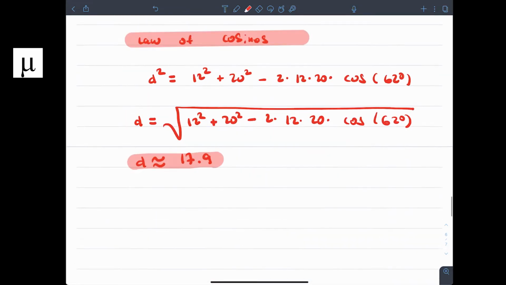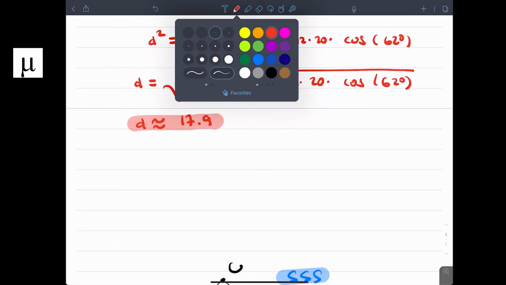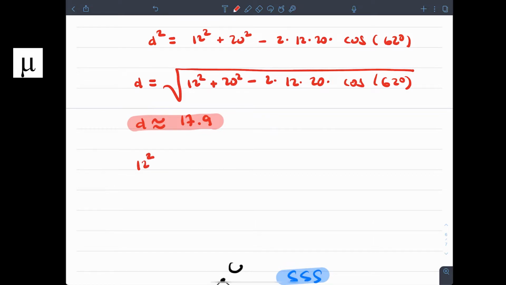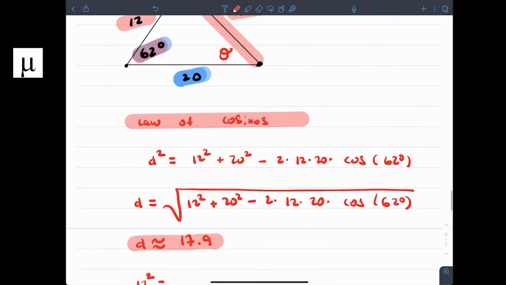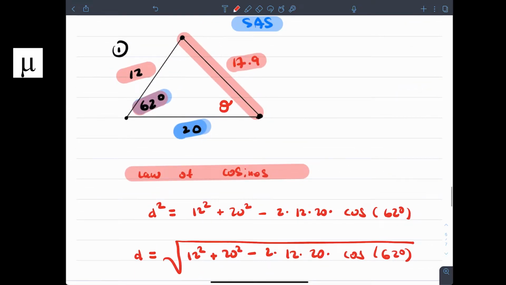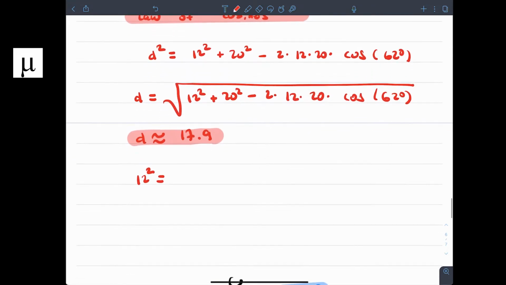So what does law of cosines say? This is law of cosines again. 12 squared equals, isn't that opposite? What are the legs? 20 and 17.9, is that right? So what does that equal? 20 squared plus 17.9 squared minus 2 times 20 times 17.9 times the cosine of what angle?